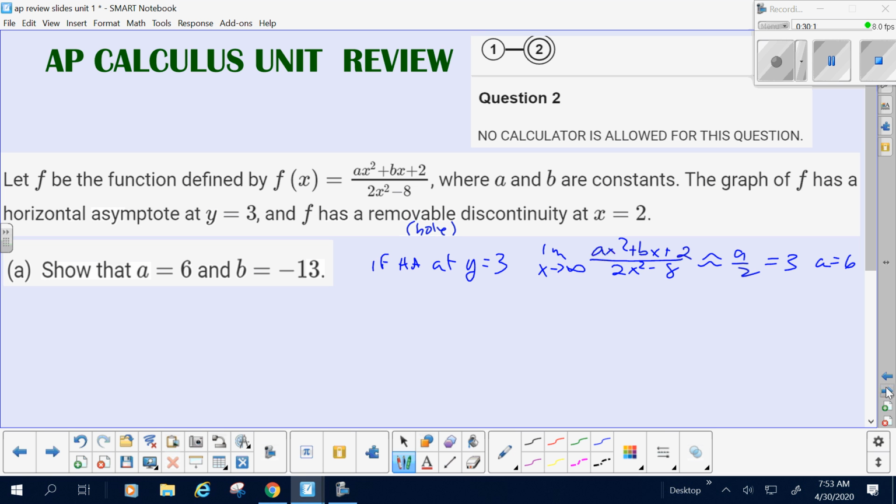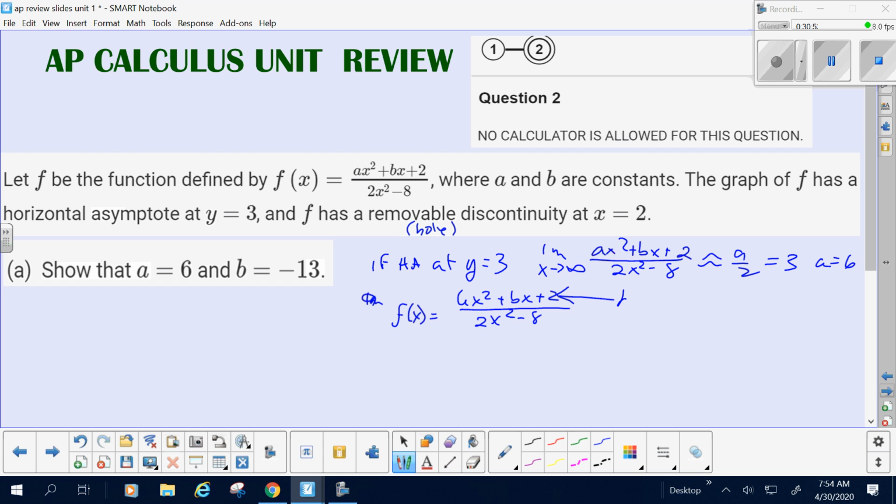All right, f has a removable discontinuity at x equals 2. That means there's a hole, so a common factor. So if f of x is now (6x squared plus bx plus 2) over (2x squared minus 8), that implies that one of the factors... what's the best way to go about this?